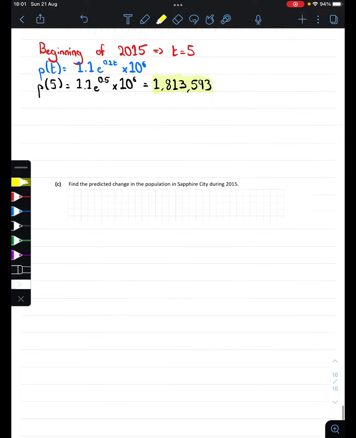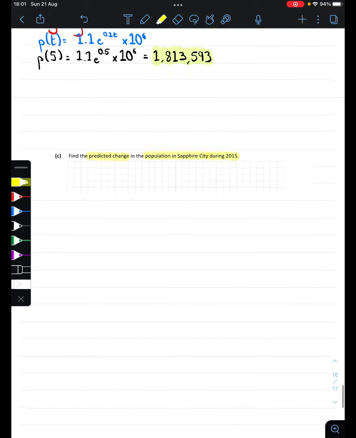Now on to part C, find the predicted change in the population in Sapphire City during 2015. We're looking for the change in population throughout the year of 2015.